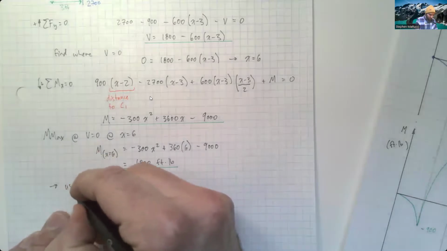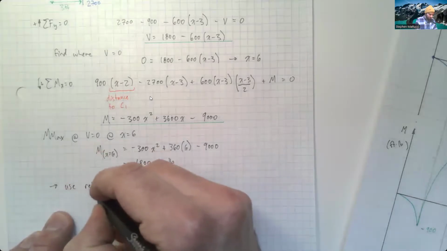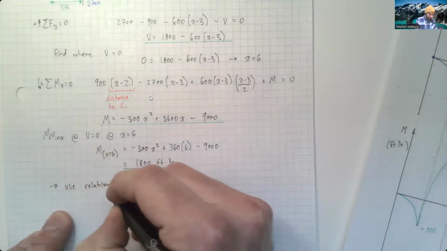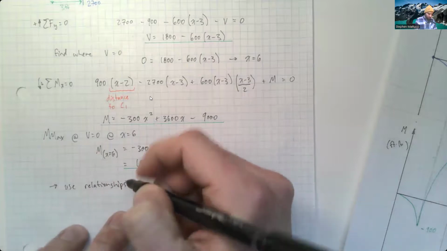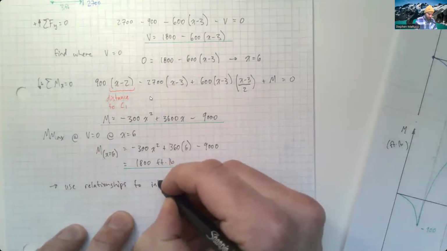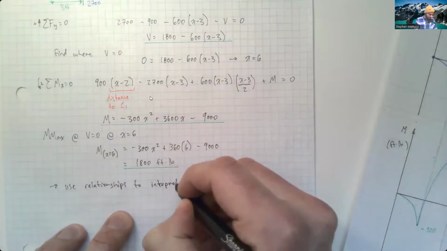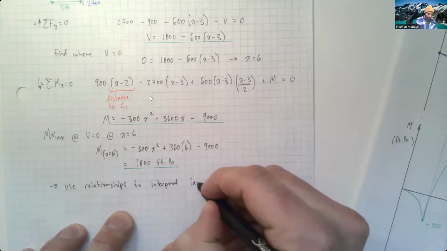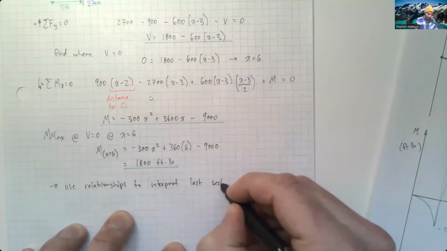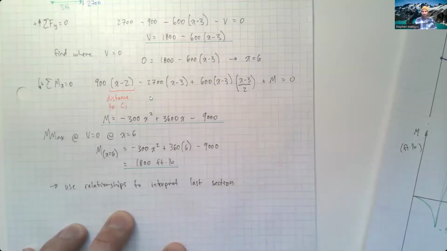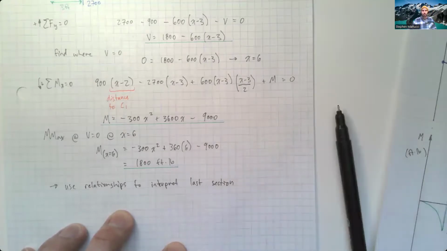So what we're going to do is use our relationships to interpret the last section of this beam.